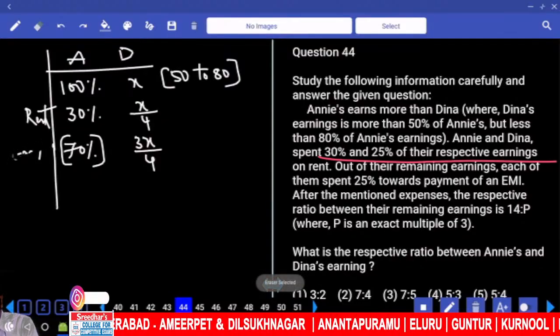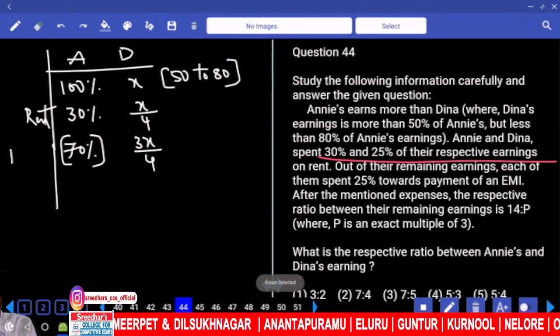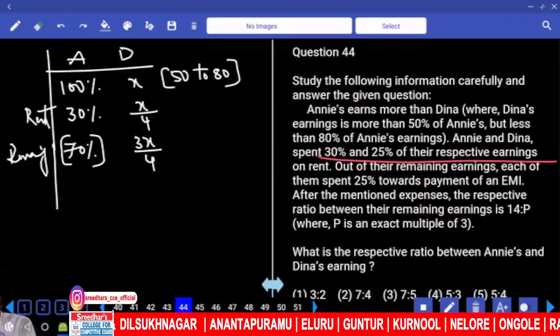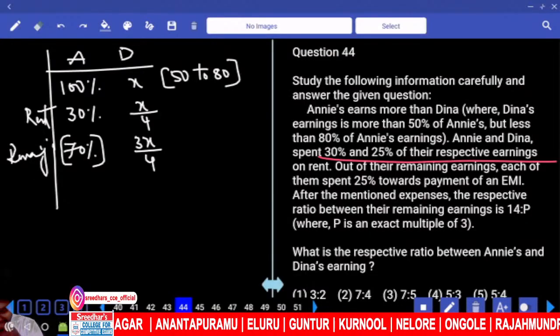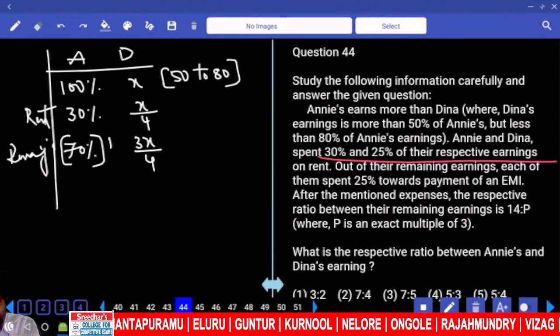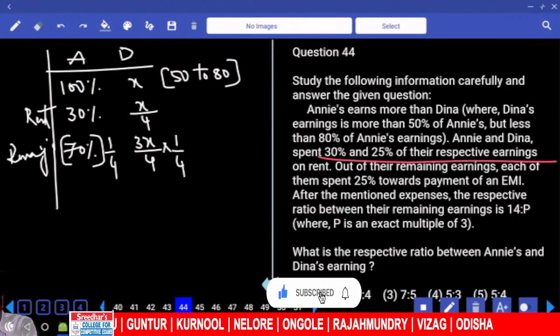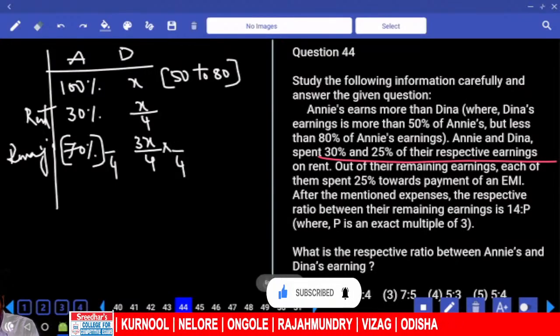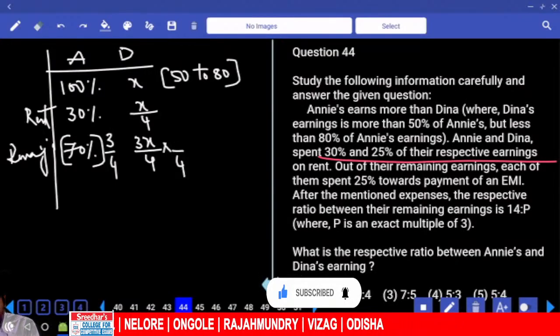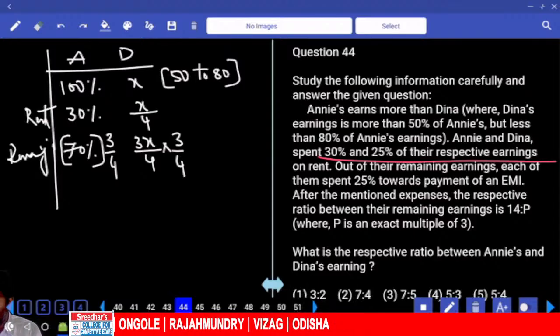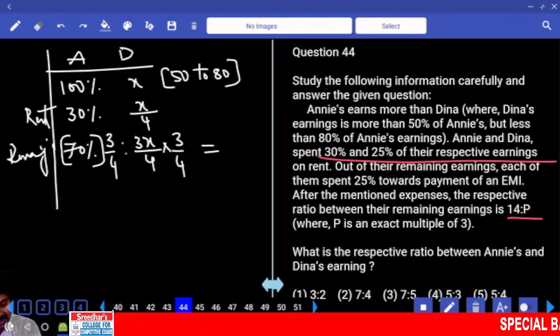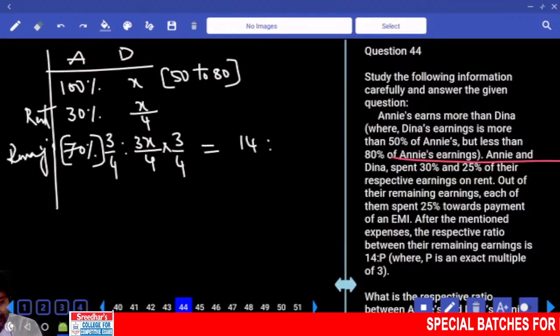Then remaining amount will be, these are the remaining values. 25%, 1/4, 25%, 1/4. 1/4 is spent, right? So remaining will be 3/4. Did you understand what I wrote? And these are in the ratio 14 is to P. Ratio between these two values is equal to 14 is to P.